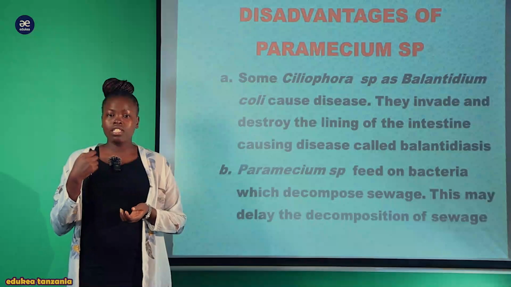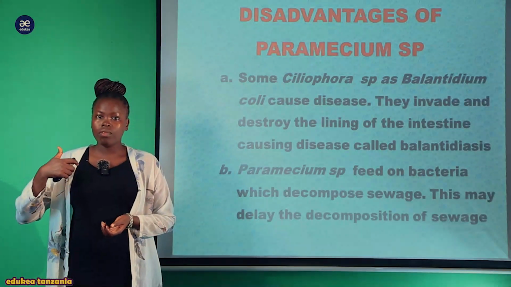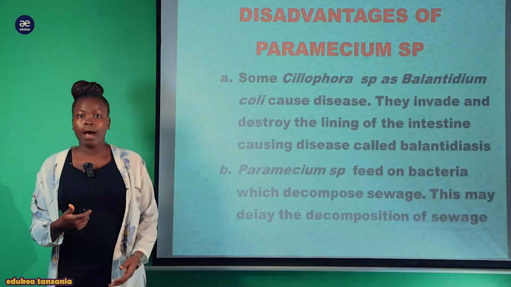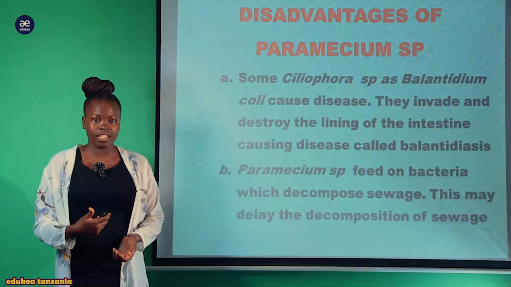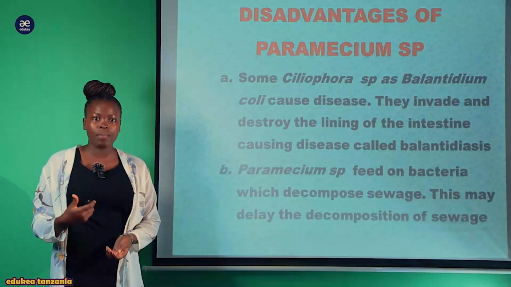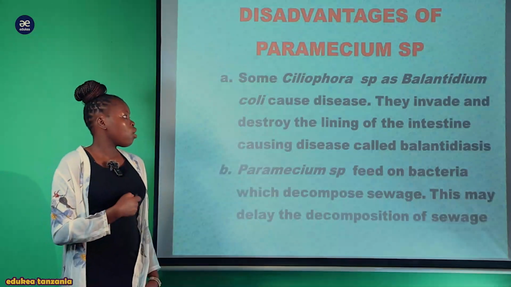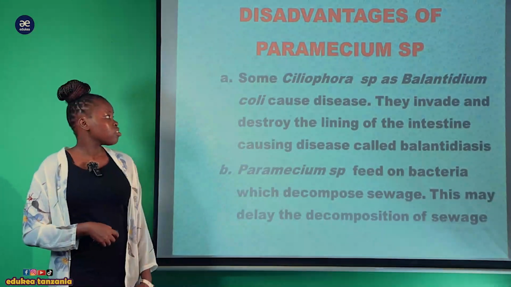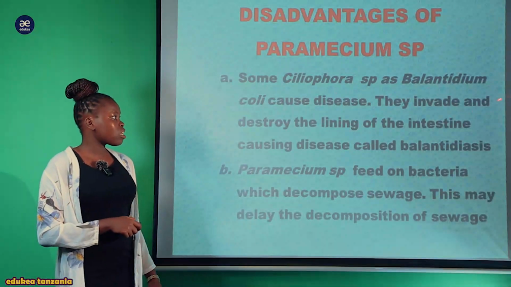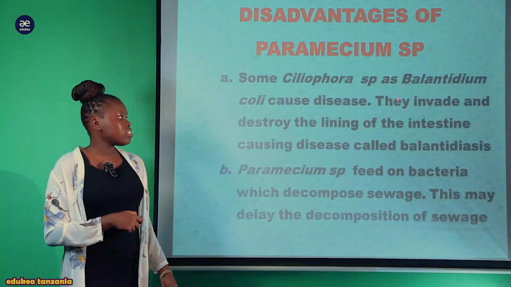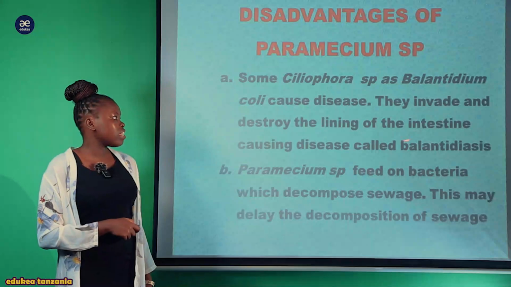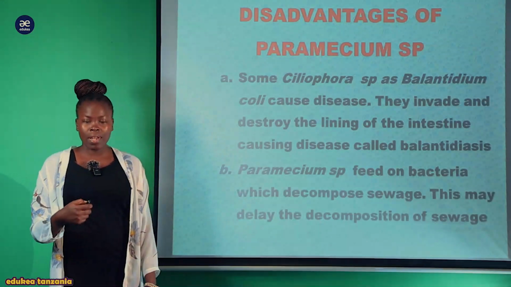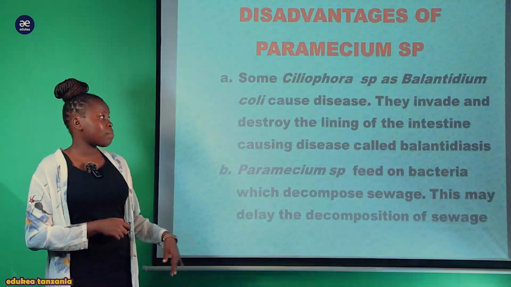This Balantidium coli ambaye in case if it will be ingested by human being inaweza ikapelekea ugonjwa, na huo ugonjwa unaitwa balantidiasis. So Paramecium species example Balantidium coli cause disease. They invade and destroy the lining of the intestine, causing a disease called balantidiasis. So balantidiasis is the disease which is caused by the ingestion of this Balantidium coli, mostly found in pigs.